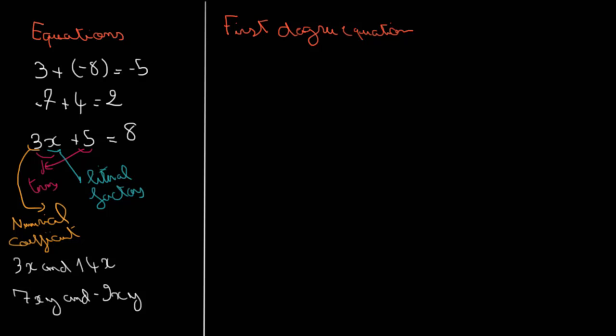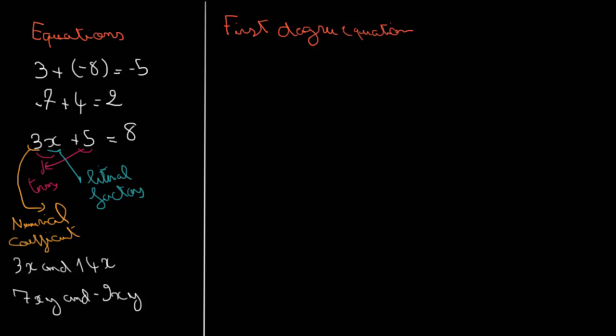A first degree equation is any equation that contains one variable and only one variable, and that variable has an exponent of 1.